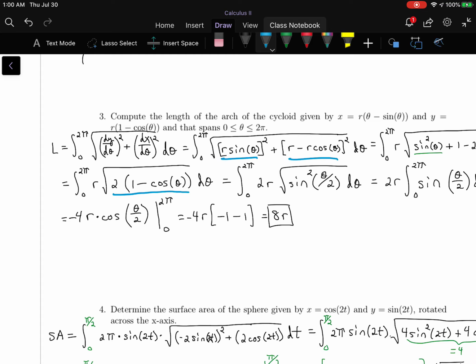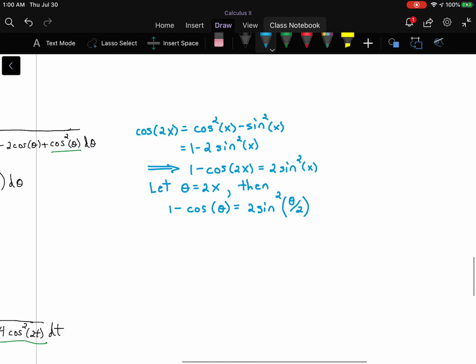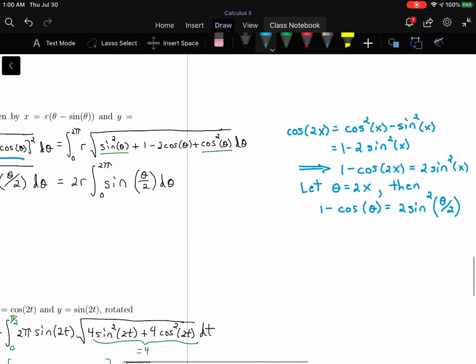Now, to figure out how to solve this one, I used a little trick, and that is coming from an identity, and I've got that over here in blue. So the identity is cosine 2x equals cosine squared minus sine squared. I am going to convert this into just sine squares on the right, so cosine squared is 1 minus sine squared, and then you are subtracting a sine squared from that, which is where the 1 minus 2 sine squares came from.